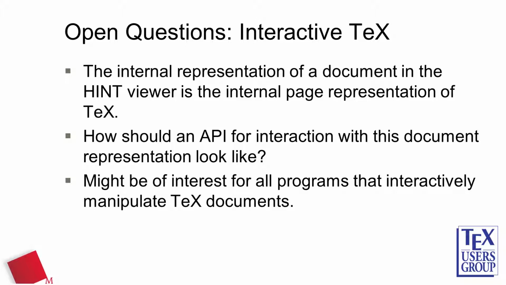So the front end is given a position on the page and needs to know what picture or link is at that position. All these things need interactions between the user interface and the TeX data structure that is kept in the background. My question is, what should the API for such interactions with the document be? This might be of interest to all programs that interactively manipulate TeX documents.